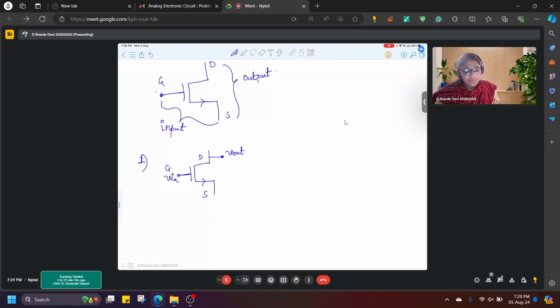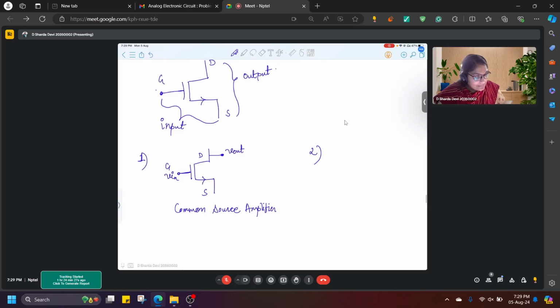If you give input to the gate and take output from the drain, you see here the source terminal is common for both gate as well as drain, right? So this is a common source amplifier. If you observe a transistor connected in this type of configuration, then this is a common source amplifier. Clear?